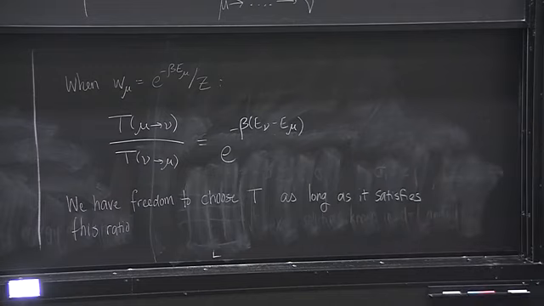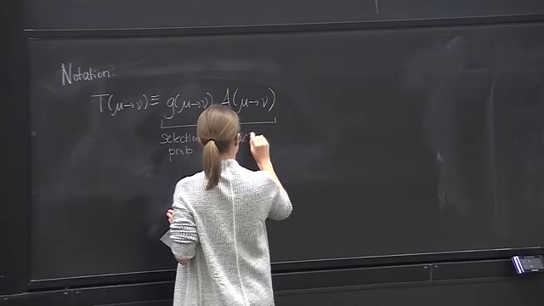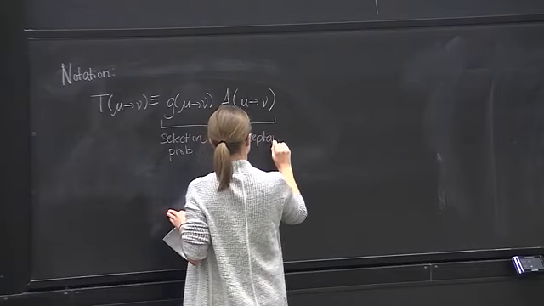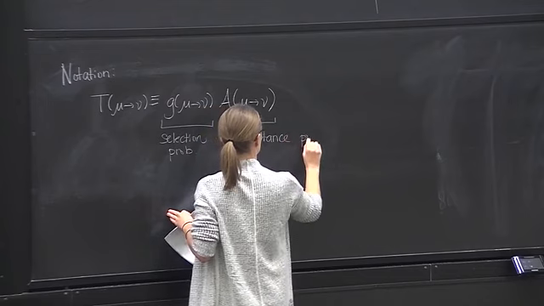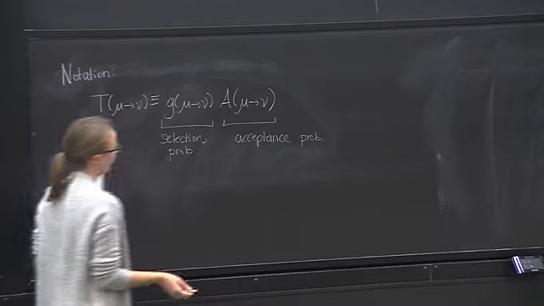To transition from a state, I'm going to break this down into two steps. First I have to select that proposed move, and then I have to actually accept it.